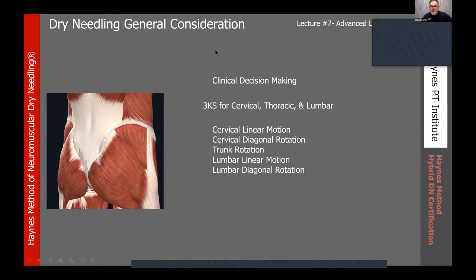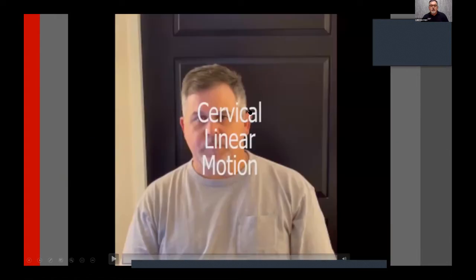So you'll find at the end of the lecture, your homework is going to be conducting this screen once again, except this time what I'm going to ask you to do is select a patient that you're treating clinically and apply this, and then make some decisions regarding what your findings are. What are you seeing in this screen? Is it relevant?